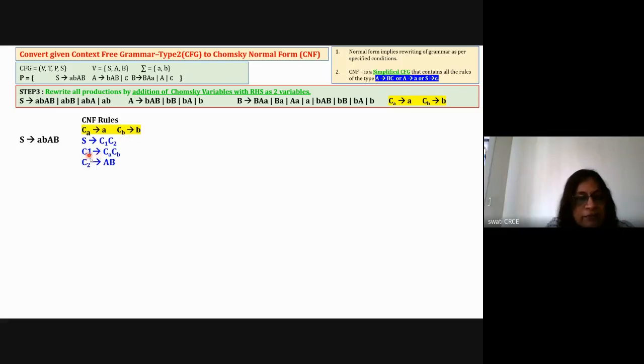So I'll write C1 is equal to CACB. Okay, so for ab, I'm saying that ab means C1 and C1 means CACB. So I'm just declaring that and defining it in my final answer. That S is equal to C1 C2, C1 is equal to CACB, and C2 is equal to AB. So I don't have to do anything for C2 because it is already in Chomsky form.